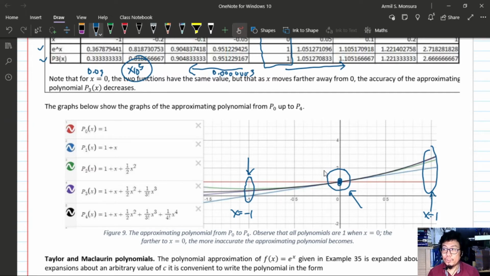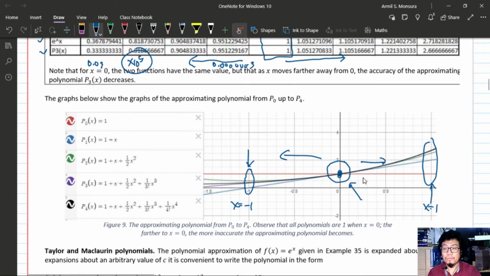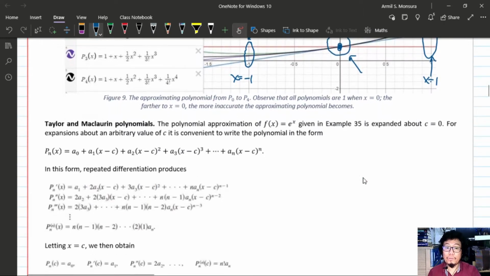It's just that when you go farther, left and right, the approximations made by the approximating polynomial get worse. Now we will be able to name that polynomial. The polynomial approximation of f of x equals e raised to x, given in example 35, is expanded about c equals 0.